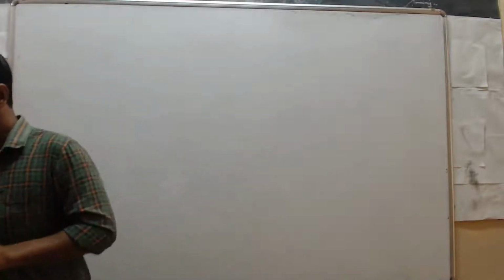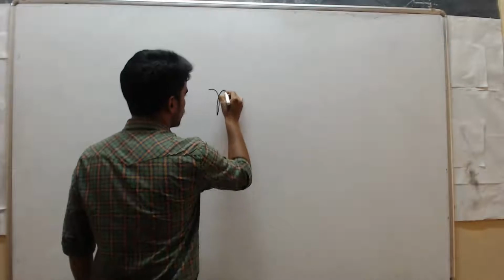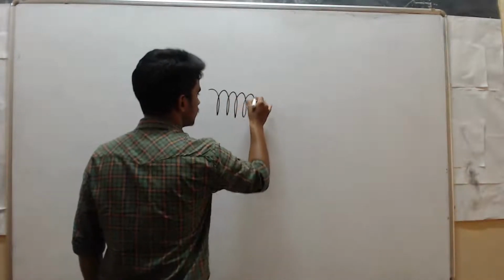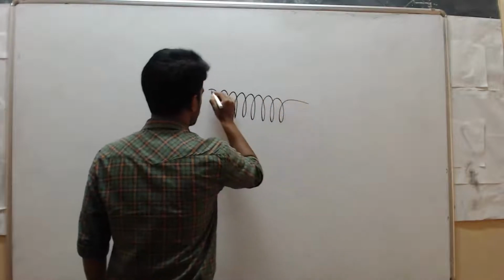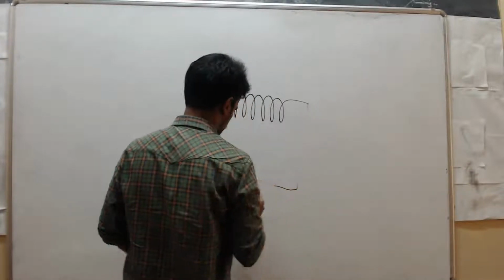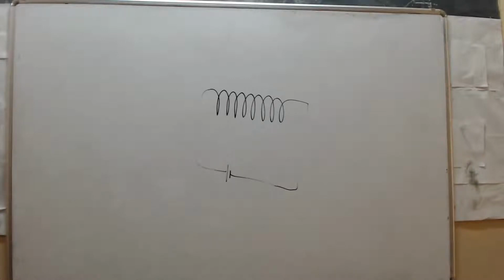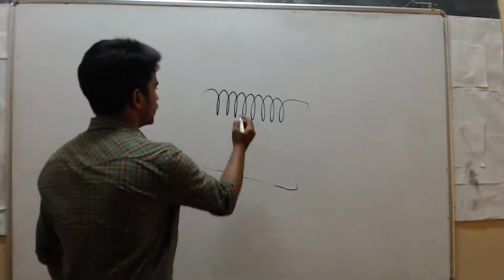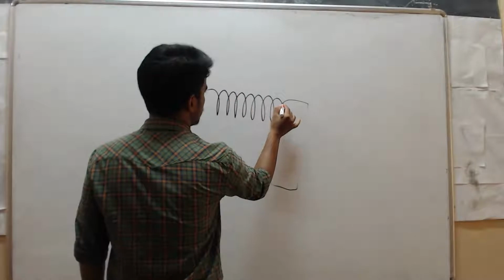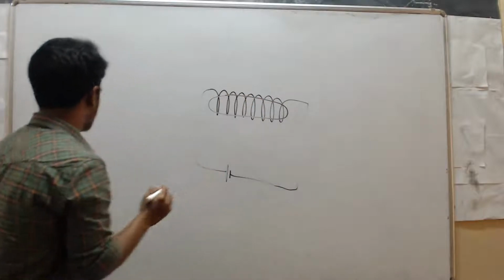Today we will discuss what an electromagnet is. You have studied the solenoid, right? See here, if you keep one soft iron core here, or take one iron core like this.